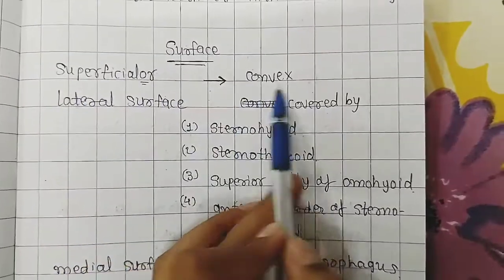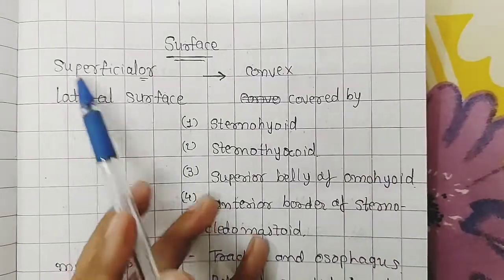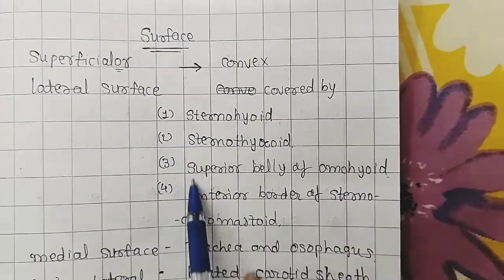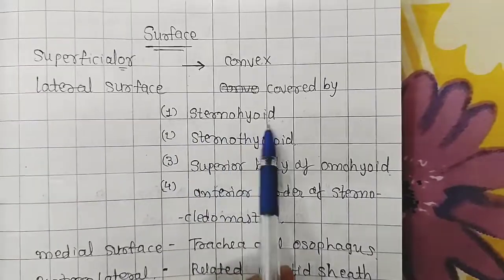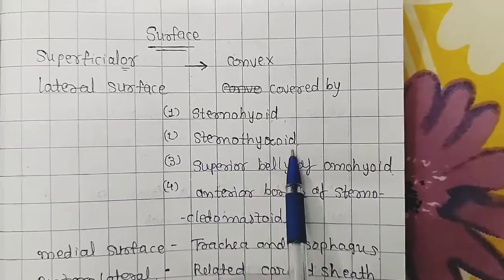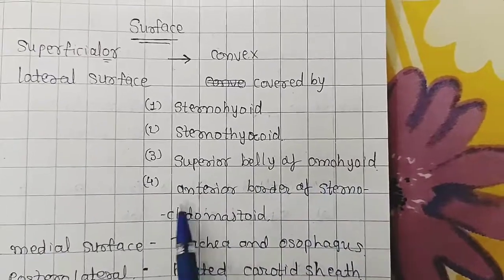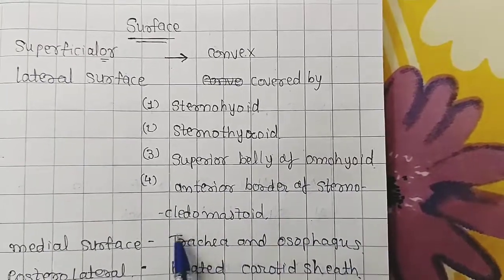The superficial or lateral surface is convex and covered by 4 muscles: sternohyoid, sternothyroid, superior belly of omohyoid and anterior border of sternocleidomastoid.